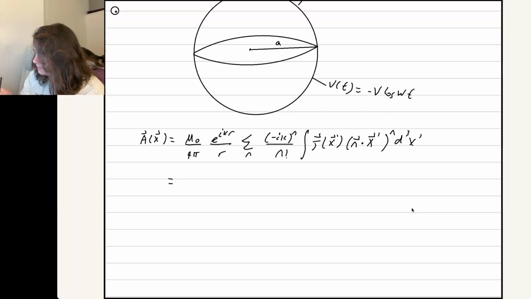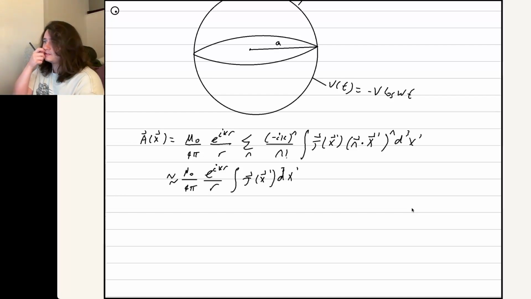That means we're looking at mu naught over 4 pi, e to the i k r over r, times the integral of j of x prime d3x prime. That's all we're doing.